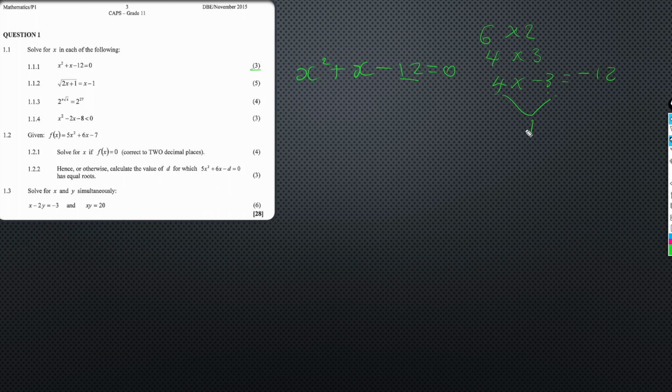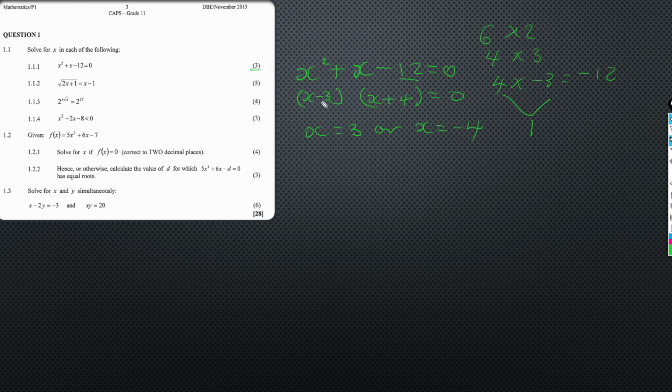When we add both numbers, we are going to get 1, meaning that the factors for this particular equation will definitely be x minus 3 and x plus 4. So x equals 3, and the other one will be x equals negative 4.